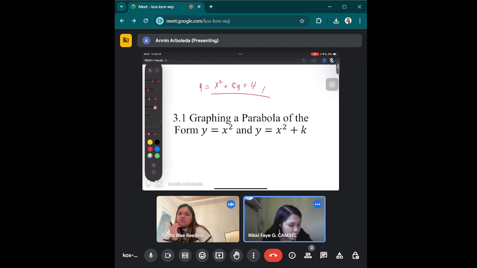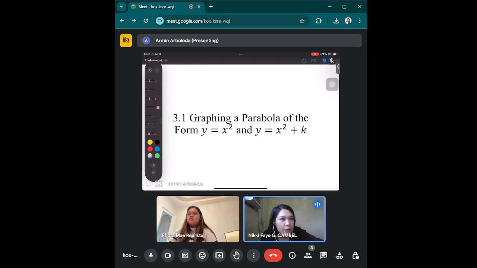Okay? So, di ba, alam mo naman na marami tayong klaseng function. So, we have a quadratic function that when we graph it, it would show us a parabola. Okay?